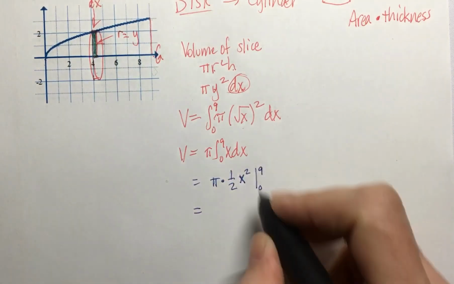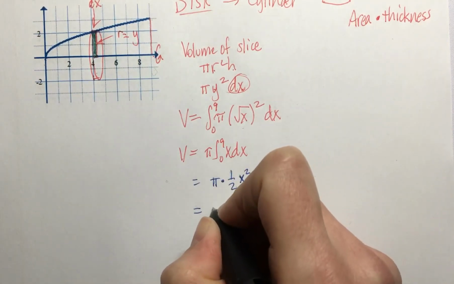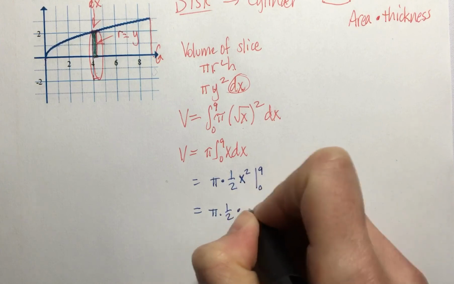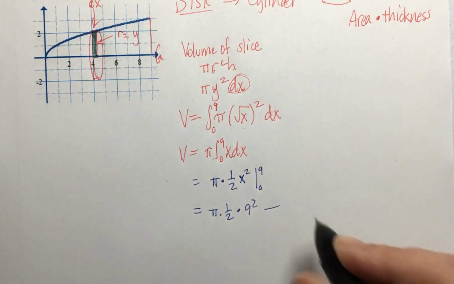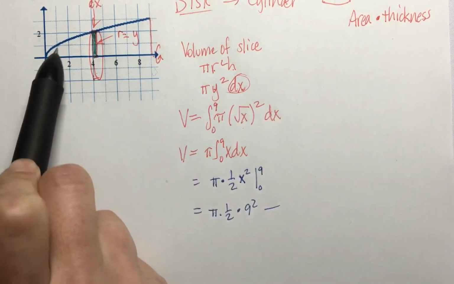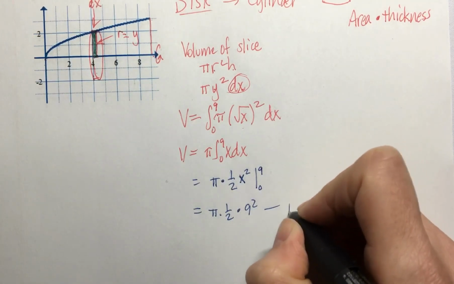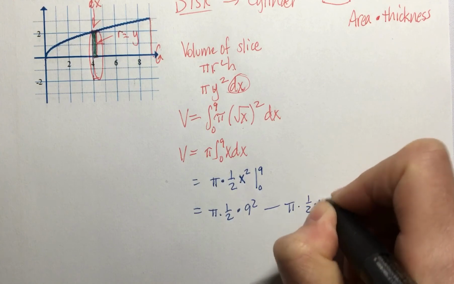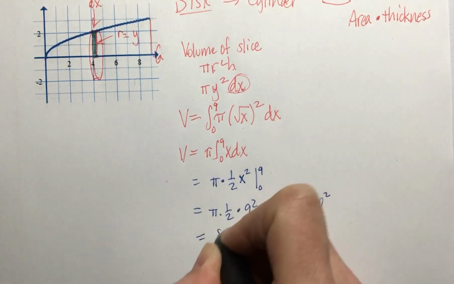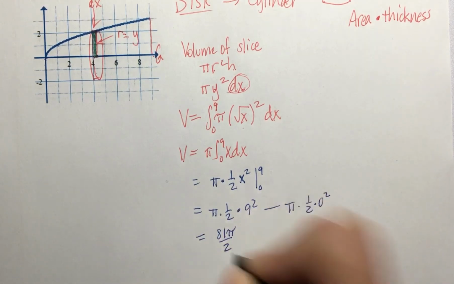Then we can plug in our upper bound. So I have pi times 1/2 times 9 squared. I'm going to go ahead and write the minus part, because if this was just 1 to 9, obviously you'd have something to subtract off. So pi times 1/2 times 0 squared. So we have 81 pi over 2.